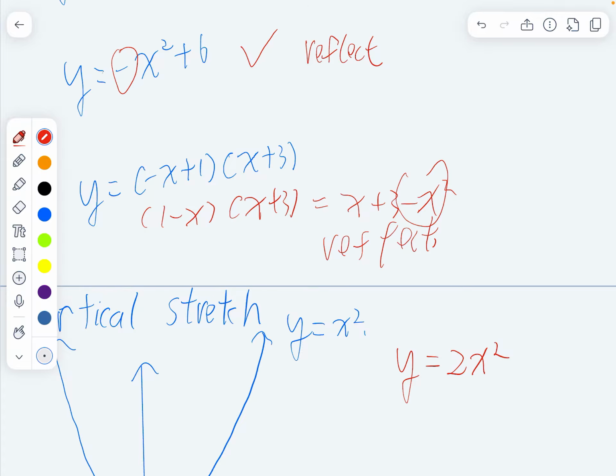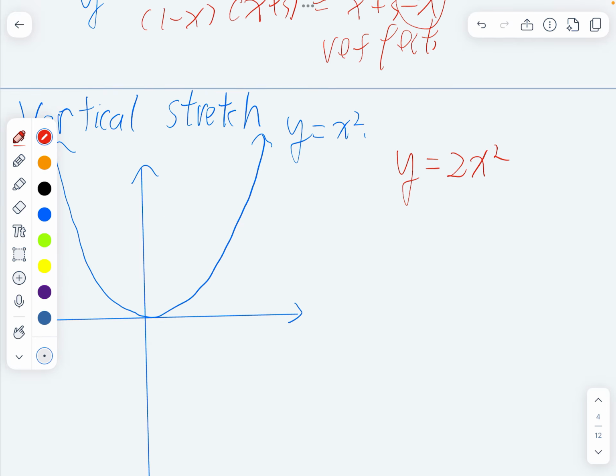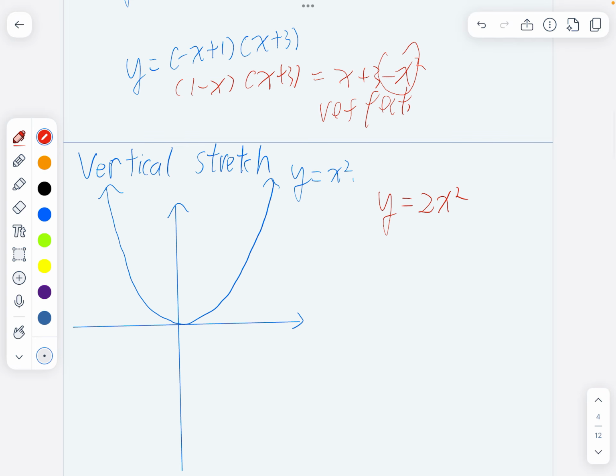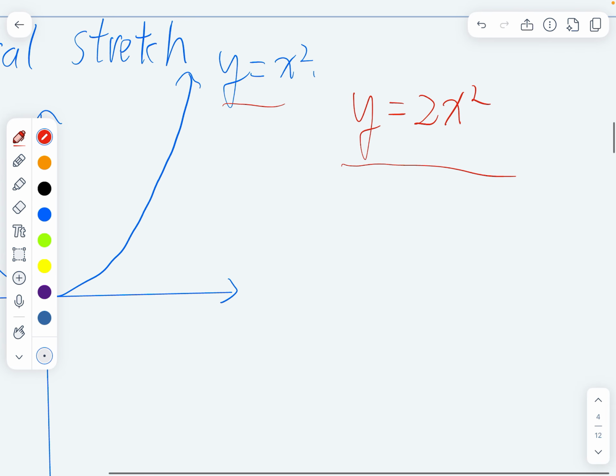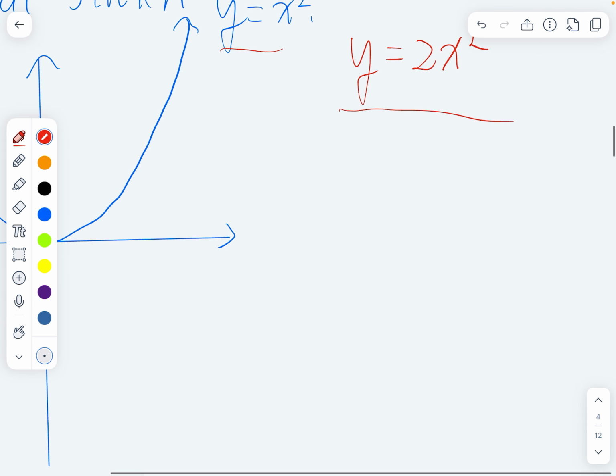Now let's see the second one, called the vertical stretch. Another relation is given to talk about the difference from the original one. First we can make a table, where x can be negative 2, negative 1, 0, 1, 2.